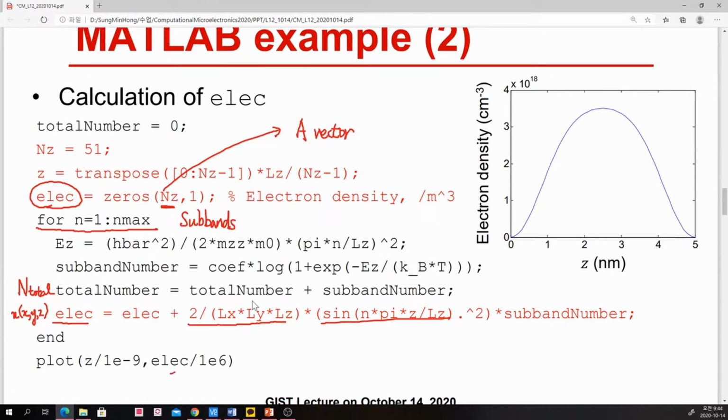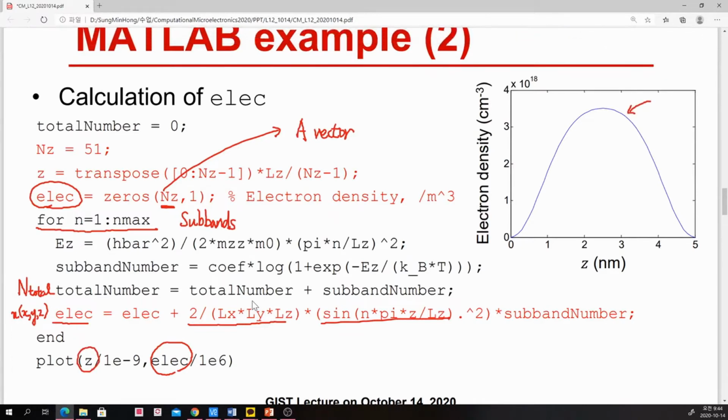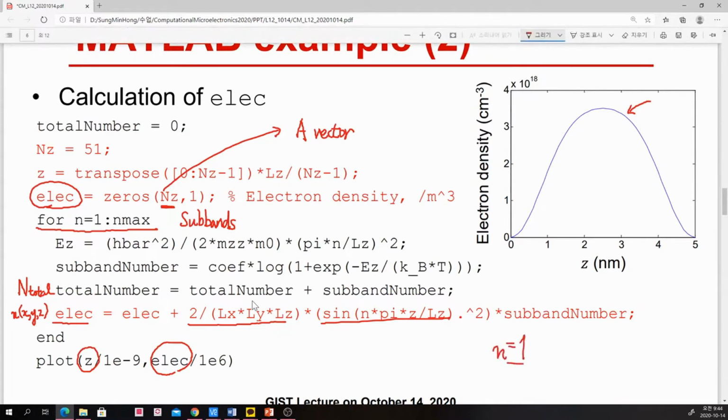When we draw the electron density as a function of real space position, then you can find this curve. Of course, as I told you before, if we change the Fermi level, then when the Fermi level is far below 0 electron volt, you will find the electron density is dominated by your ground state, n equal to 1.